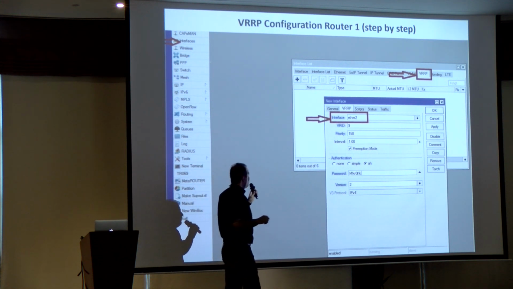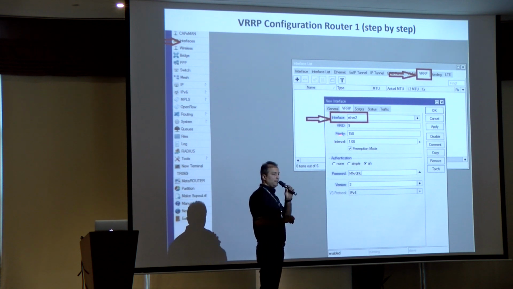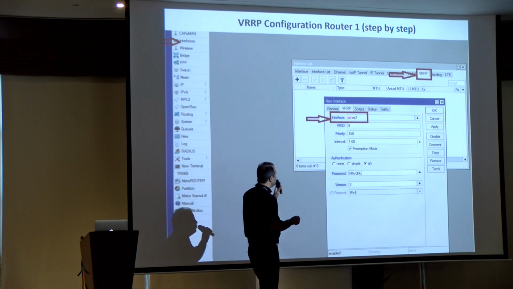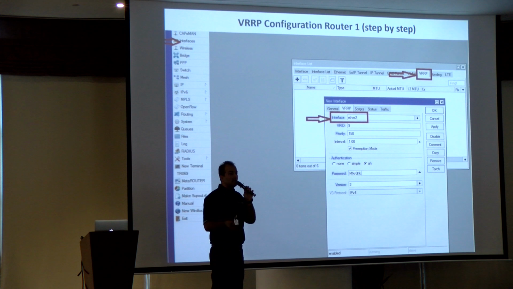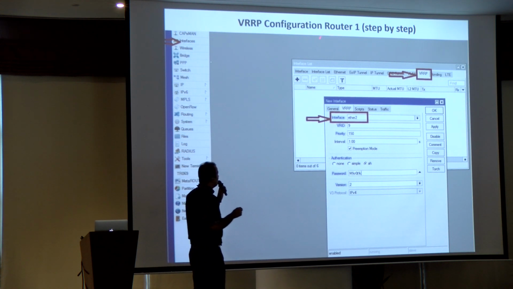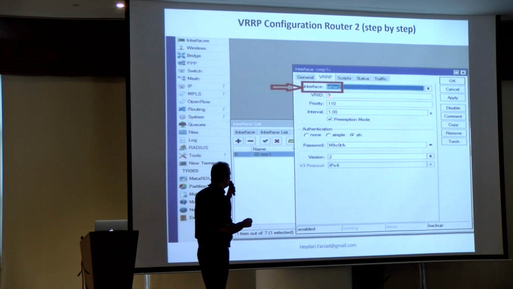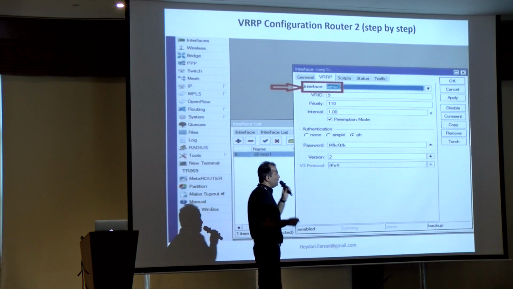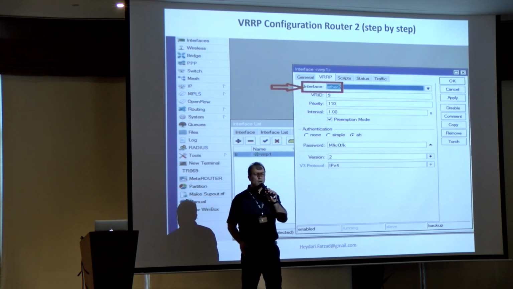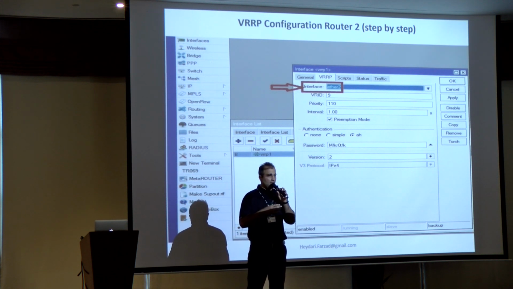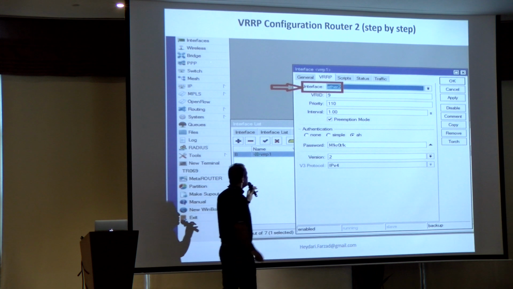At first you have to choose which interface wants to be in a group. This configuration is for the first router, and the next configuration is for the second router. I choose ether2 for being in a group.